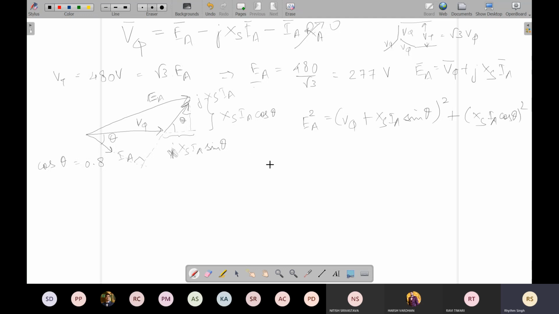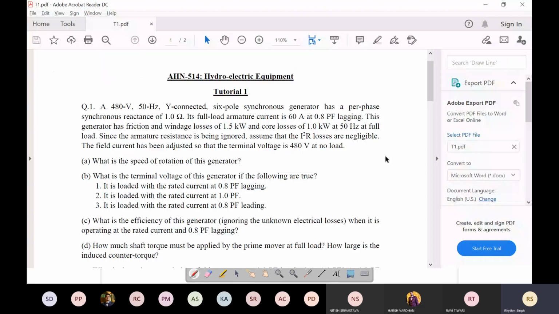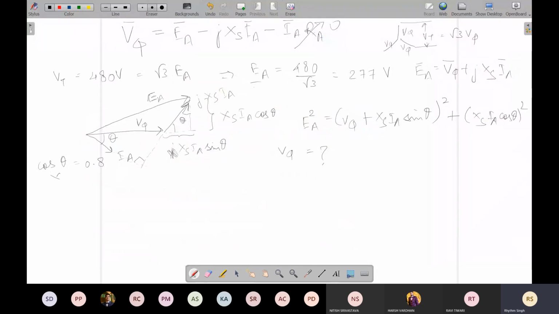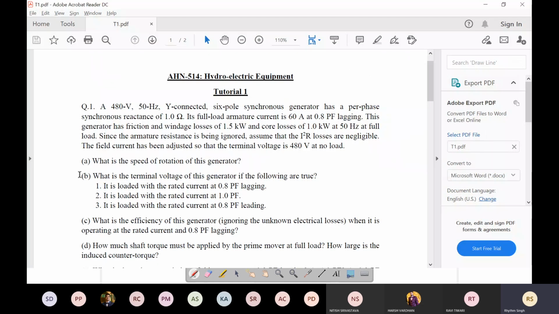Just rearrange the terms, solve for Vφ from this, and tell me the answer. What will be Vφ now? As you already figured out, Xs is given as the per phase synchronous reactance of 1 ohm.